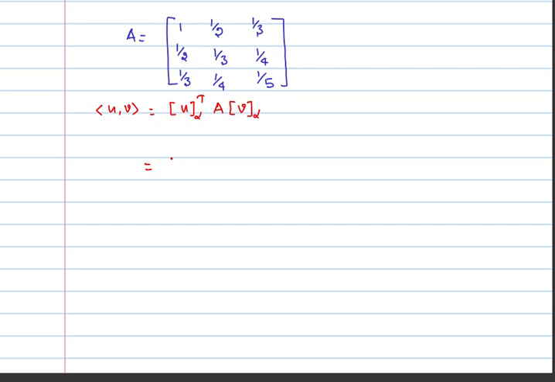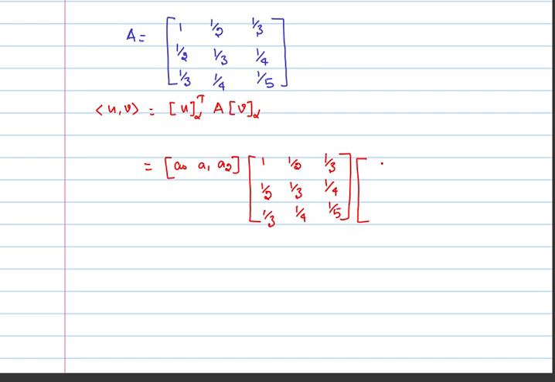Now, the coordinate vector of U, alpha, is A0, A1 and A2, times the matrix 1, 1 by 2, 1 by 3; 1 by 2, 1 by 3, 1 by 4; 1 by 3, 1 by 4, 1 over 5, times B0, B1 and B2.